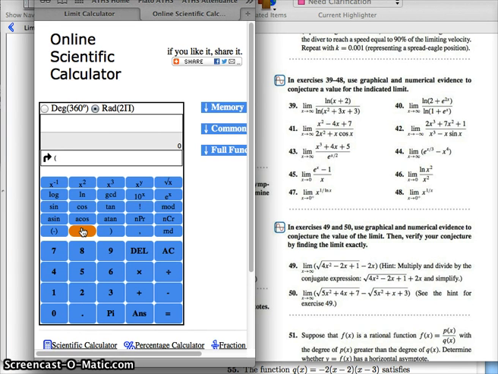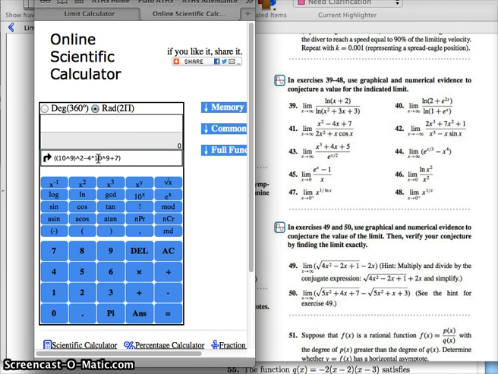So let's say 10 to the 9th power. All right, which one am I doing? Number 41. All right, 10 to the 9th power, but I'm squaring that, so we want to be really careful here. This is my whole numerator: 10 to the 9th squared minus 4 times 10 to the 9th plus 7.